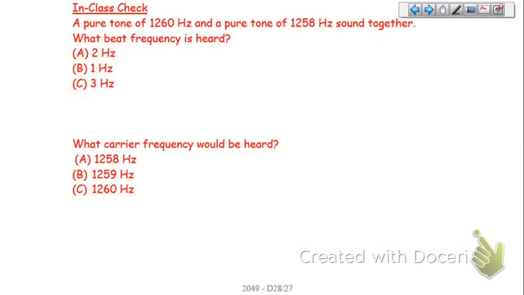So, a pure tone of 1260 hertz and a pure tone of 1258 hertz sound together. What is the beat frequency? F beat is equal to F1 minus F2. Just get me a positive number at the end.